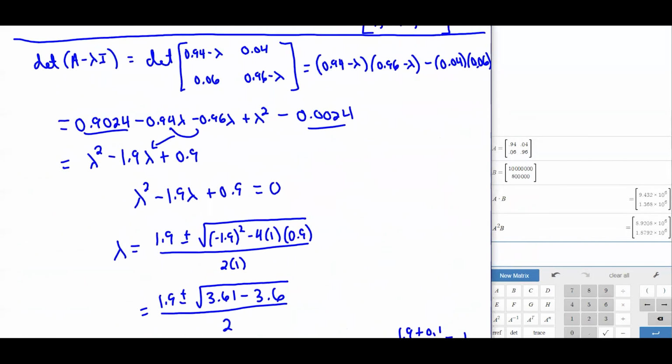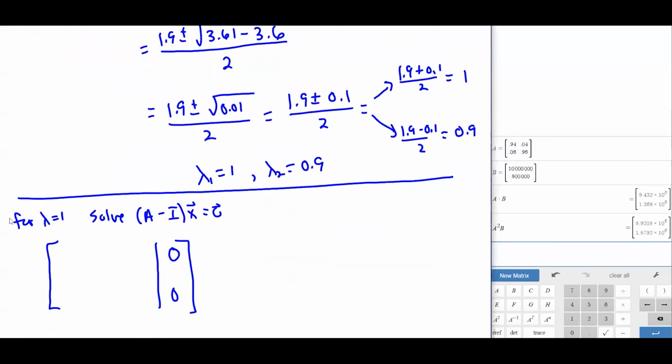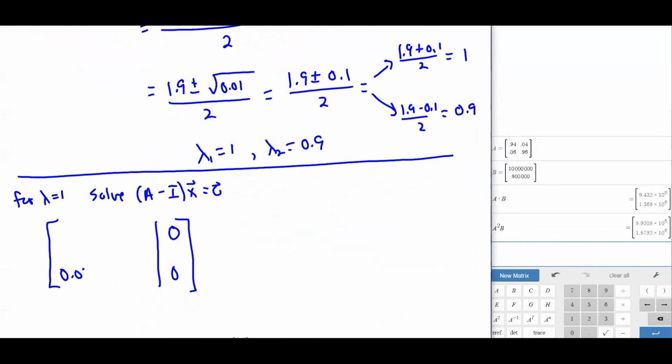So let's see, 0.94, 0.96. So 0.94 minus 1 would be negative 0.06. 0.96 minus 1 would be negative 0.04. And we can see that if I add these together, I'll get 0.